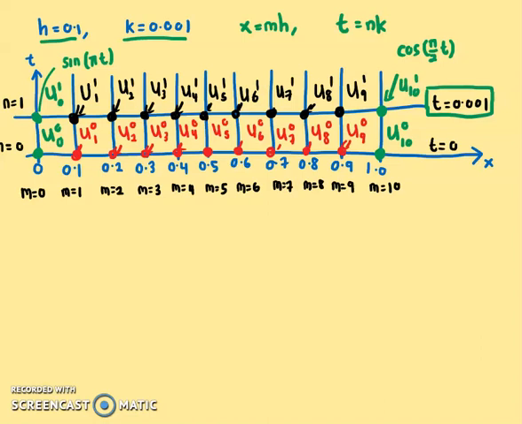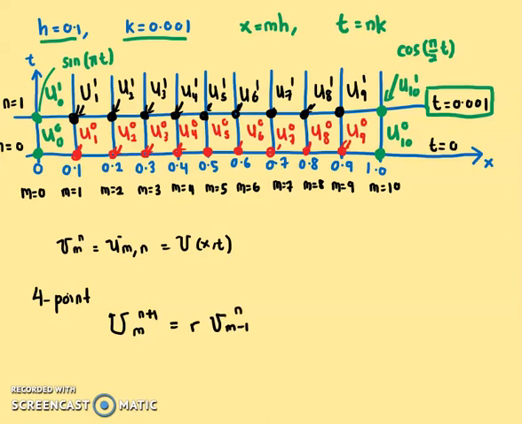The notation we have here is u, m, n. We can write it as u, m comma n, or we can also write it as u, x, t. These are the same. Now we are using the explicit 4-point scheme, which is given by u m n plus 1 equals r u m minus 1 n minus 2r u m n plus r u m plus 1 n.